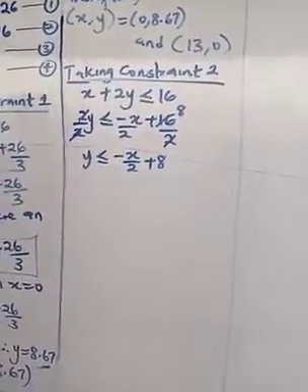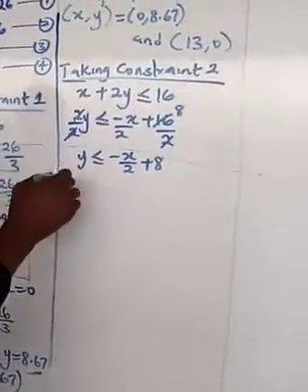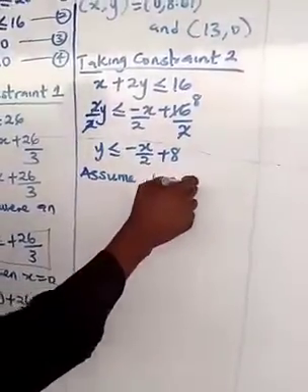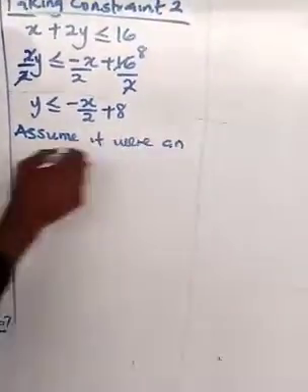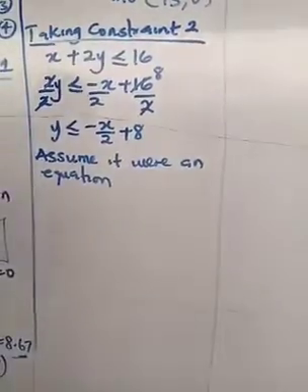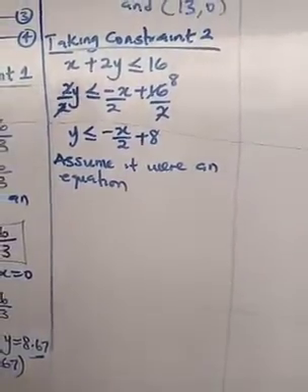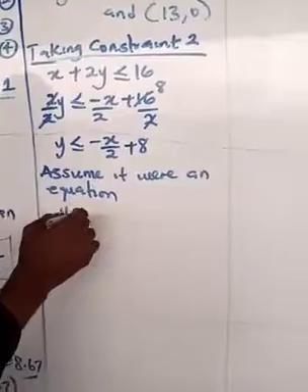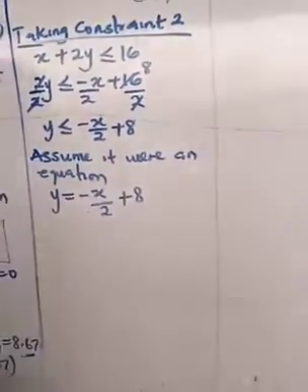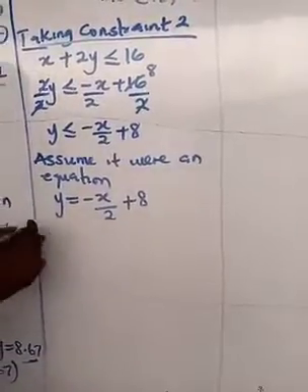So now that we've made y the subject, we can assume it were an equation. So y equals minus x over 2 plus 8.